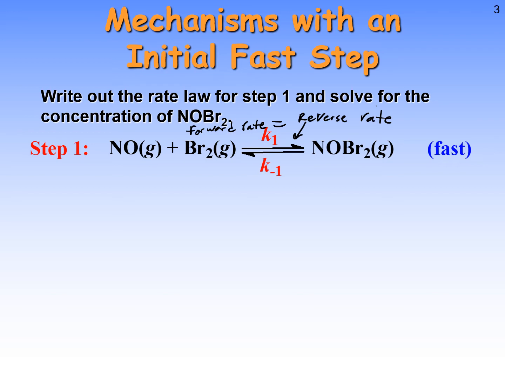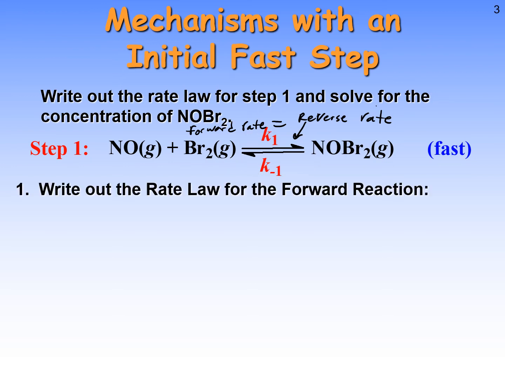So in other words, the rate of NOBr2 going back to the reactants in this reaction is going to be equal to the rate of the formation of NOBr2. That's what it means when we have a system at equilibrium.